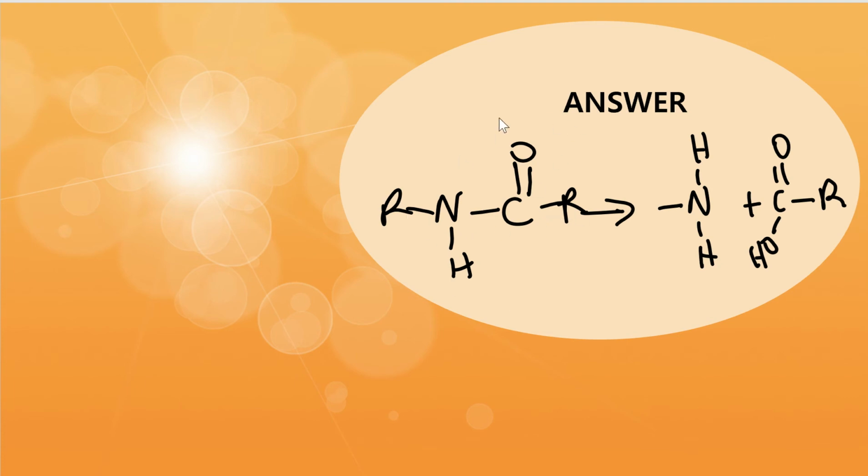But the key point is here that we have an amide functional group, NHCO, C double bond O, and when it undergoes hydrolysis, we have hydrogen that's added to the nitrogen, and we have a hydroxyl that is added to the carbonyl portion, and so we end up with an amine and a carboxylic acid, as we saw in the ACE active site.